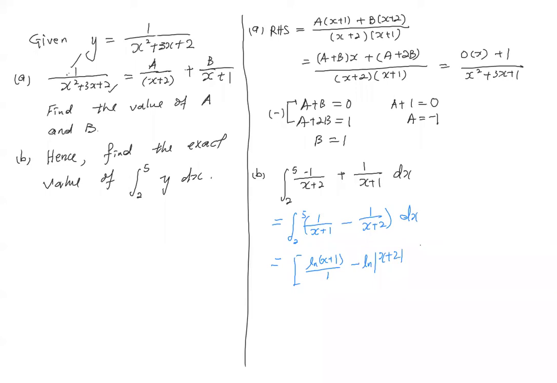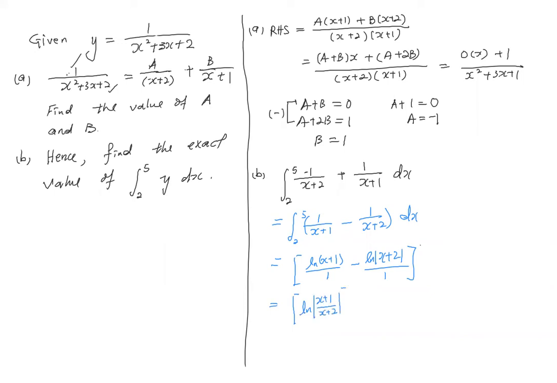Sorry, this one is too long. Do you know why I divide by 1? Over 1, because the coefficient of x is 1. So you can join this to become 1 ln, ln of (x plus 1) divided by (x plus 2).